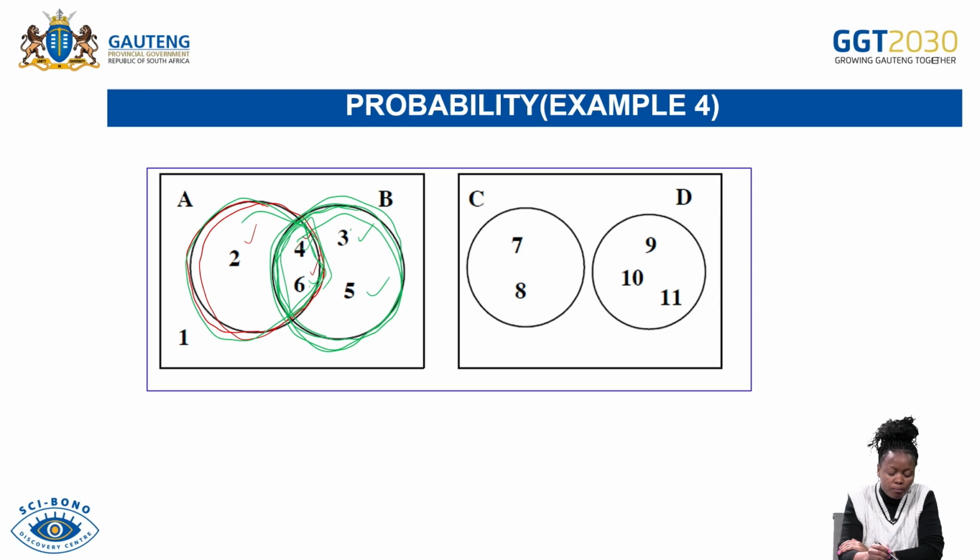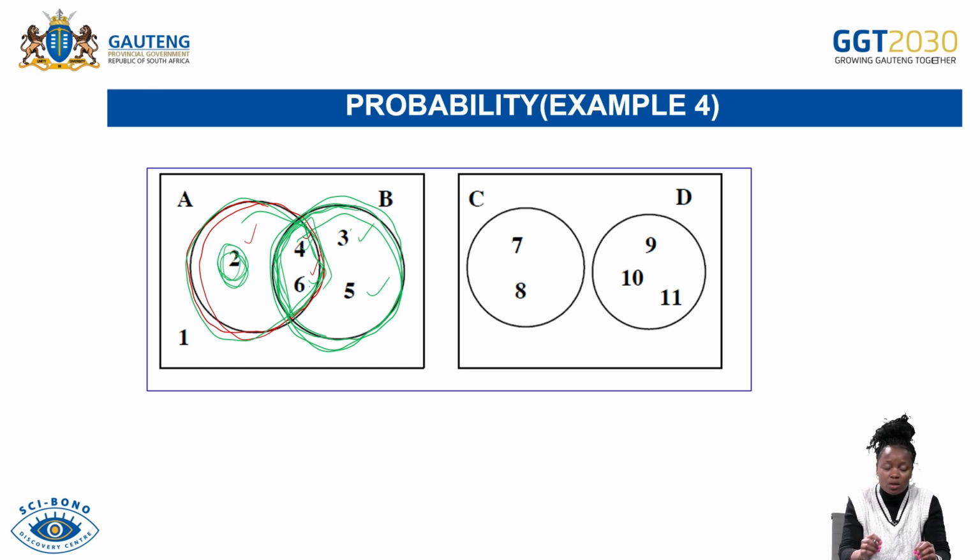Okay, and then now we are talking about the probability of A only, we are talking about the 2. We don't include the intersection because the intersection has got the B, the event of B, right? So if it's A only, it is going to be this 2 out of how many outcomes? Out of 6 outcomes. And then we move to the event B only.